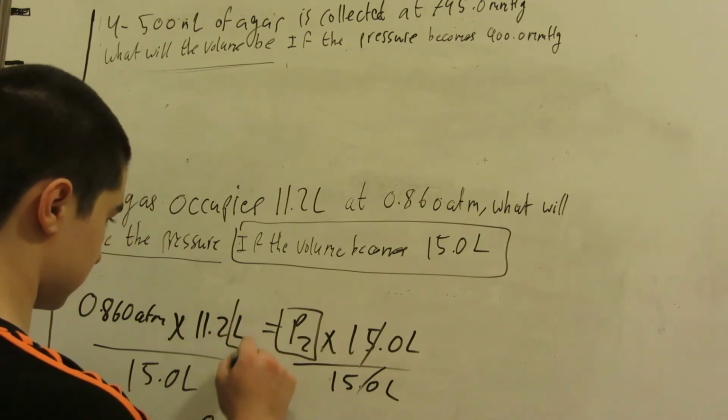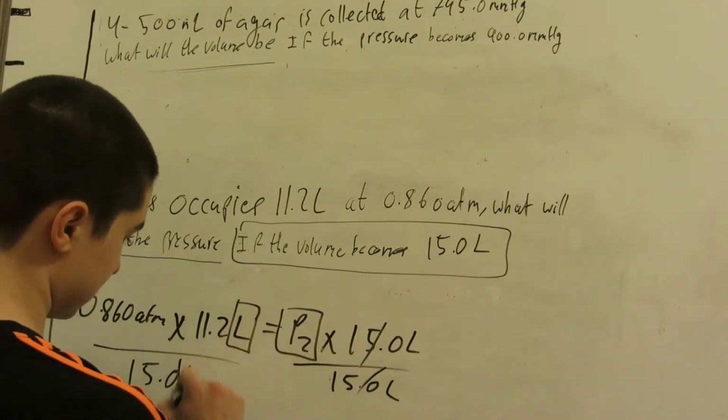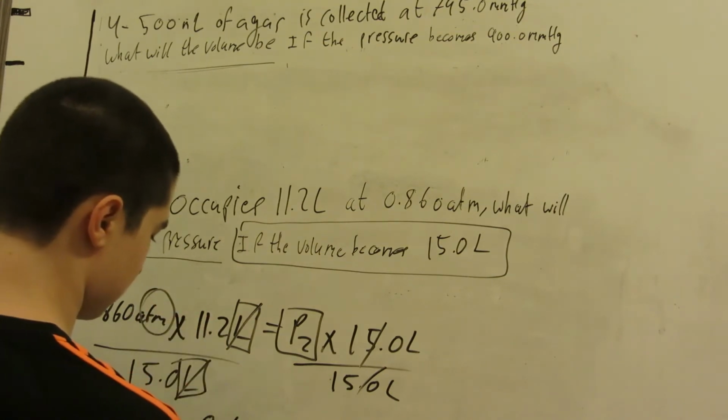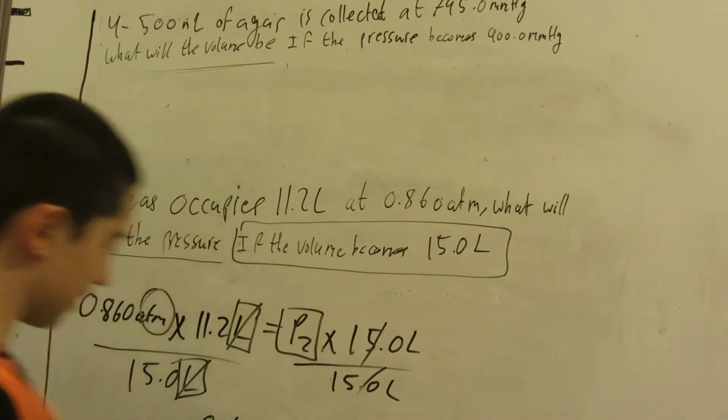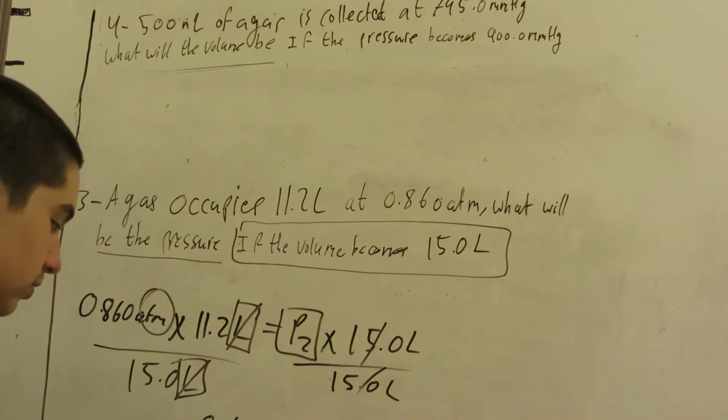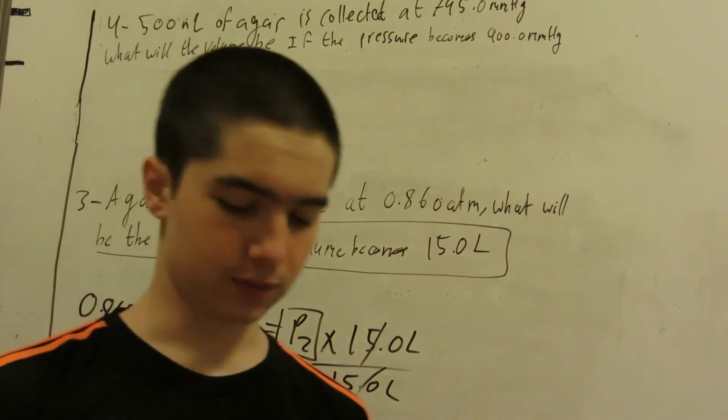What's going to be the units? We have liters and liters. They're going to cancel each other, and we're left with atm. So we're going to have 0.642 atm. That's going to be our new pressure.